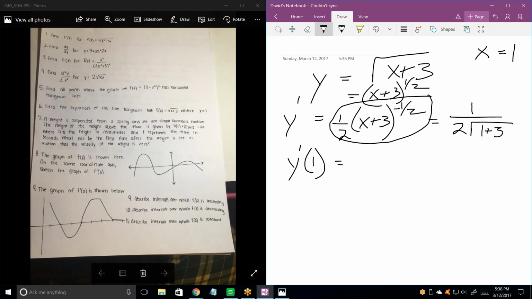Now what is it? It's square root of 4? 2. Okay. So it's 1/4. Oh. So that's our slope.